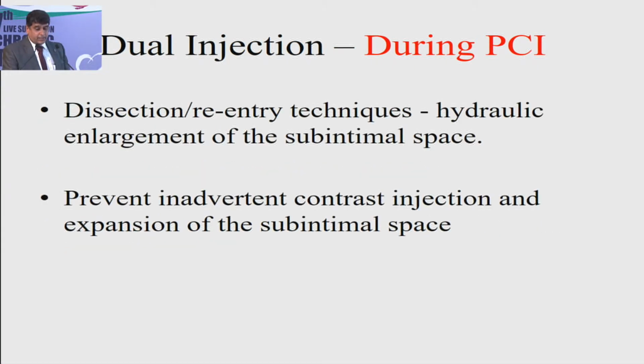If you're adopting a dissection or re-entry technique, inadvertent injections from the antegrade syringes can enlarge the subintimal space and make life difficult in maneuvering the guide wire through the right place. So it's better to take the syringe off the antegrade port when that's being done, so that the subintimal space doesn't have a hydraulic expansion.